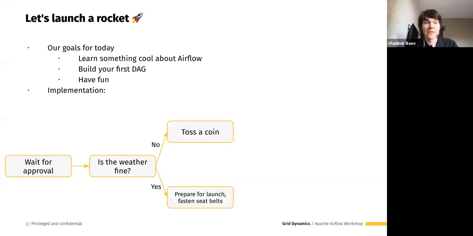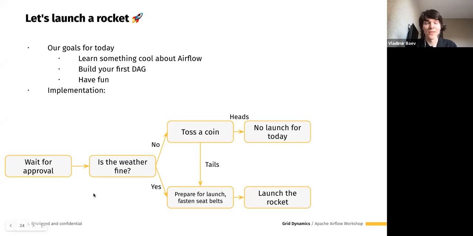And if the weather is fine, we can just go ahead and proceed with launching. Otherwise, we are going to toss a coin and check if we will postpone our launch for today or launch the rocket. So yeah, the next step is launching the rocket, and as a final stage, here we have this item which checks that everything is fine and all systems are working as expected.